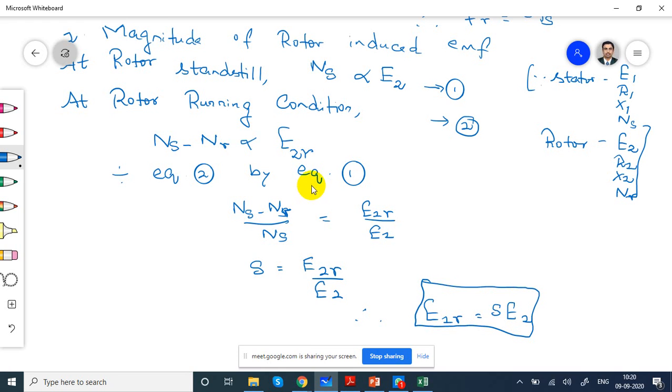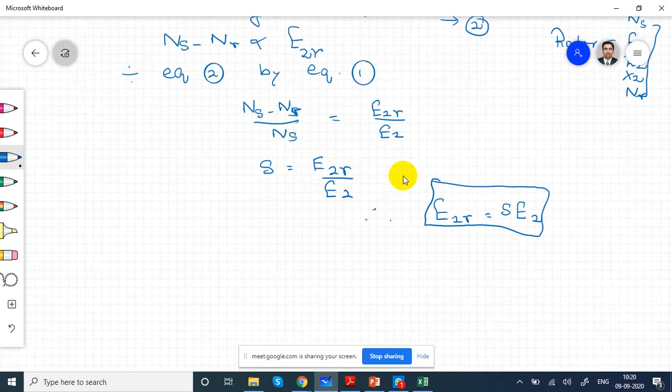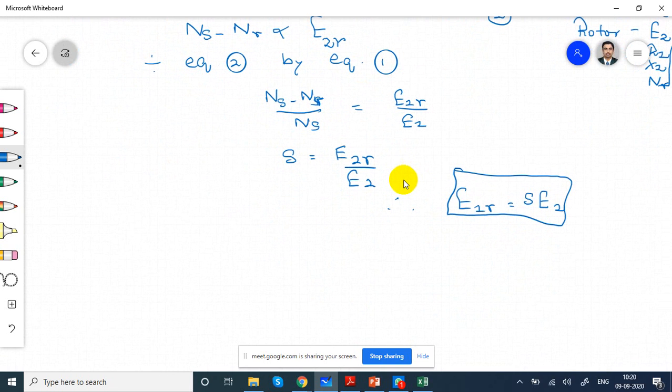Okay, S into E2. This is my second. First we have discussed the frequency of rotor current. Second one is the rotor induced EMF, that is the magnitude of rotor induced EMF. The notation is E2.